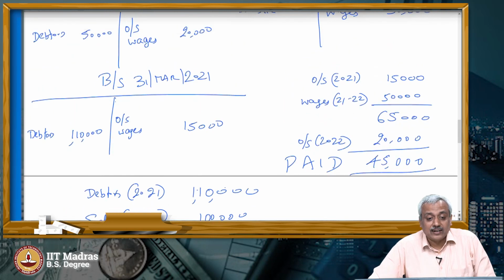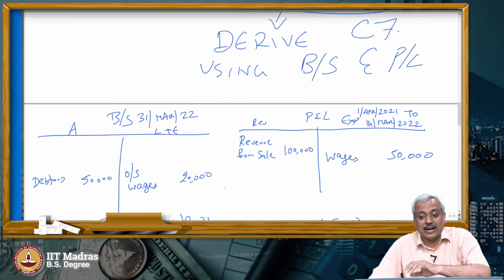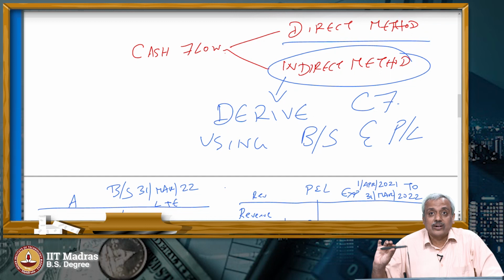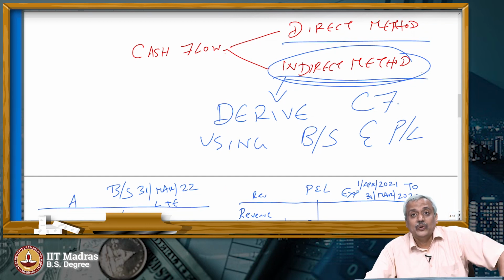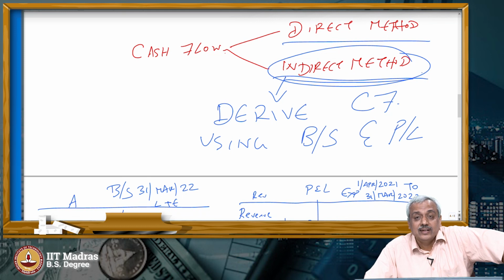And this method of using the two balance sheets and the income statement is what we call an indirect method. This is what we do in an indirect method. Normally, in any of the annual reports you look at for companies, the cash flow statement is always an indirect method. It is always derived from the balance sheet and the income statement.